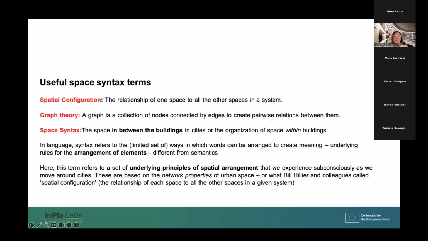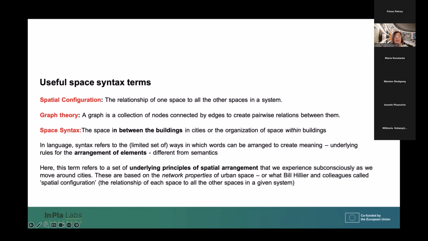There are some terms which we need to know and get familiar with. So one is what I just mentioned, spatial configuration, the relationship of one space to all other spaces in a system. Then it's graph theory, and we will see later on types of graphs. So a graph is a collection of nodes connected by edges to create these relations between them. And the spacing between the buildings in cities, or the organization of space within buildings, which is the space syntax.